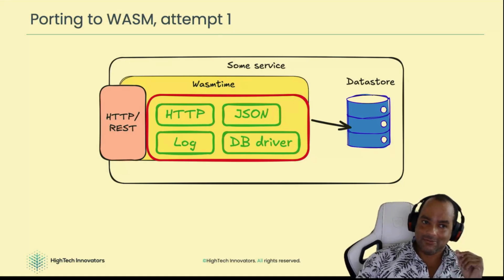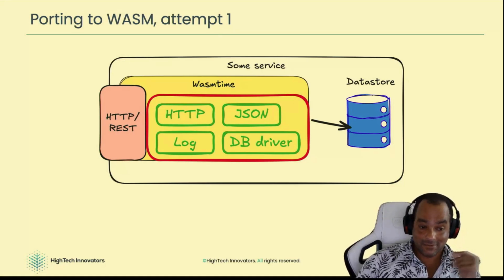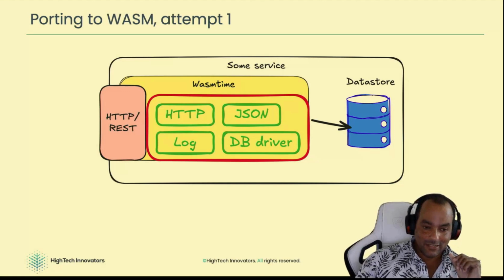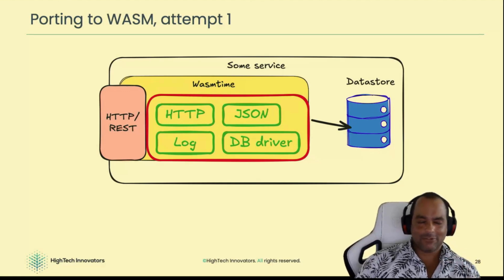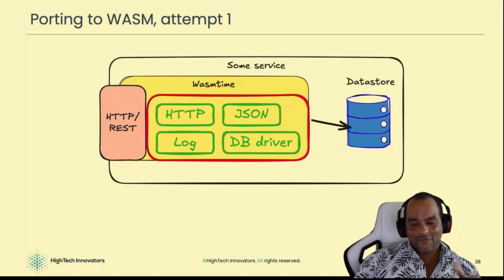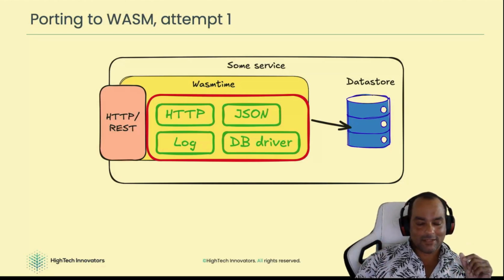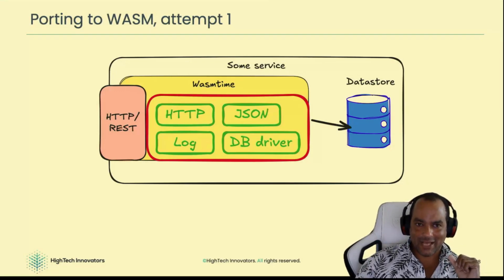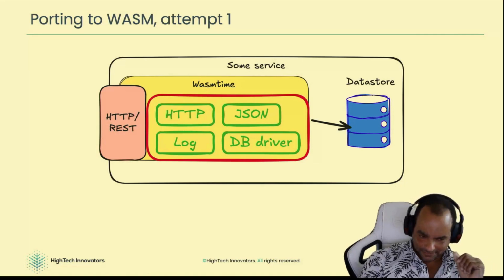HTTP needs to receive incoming requests from the network. The database driver needs to be able to make outgoing network connections. So in a sense, if we put that all together, any application of any kind of complexity will have all the POSIX things anyway, right? Because they're all living in the same module.